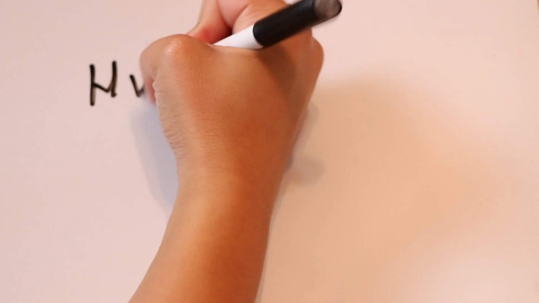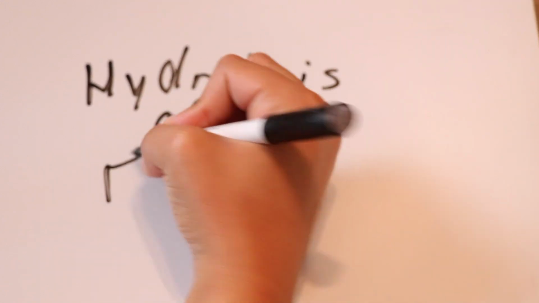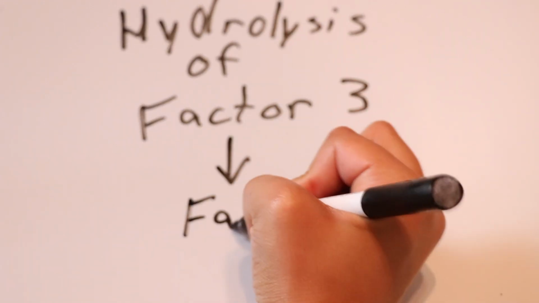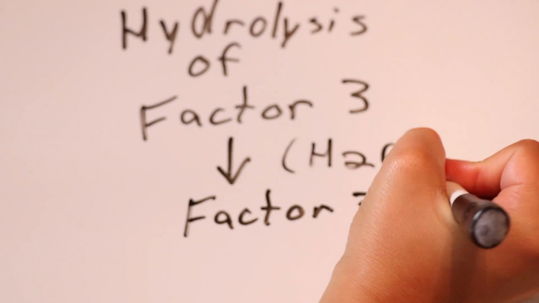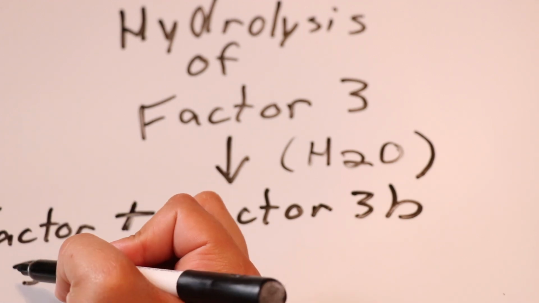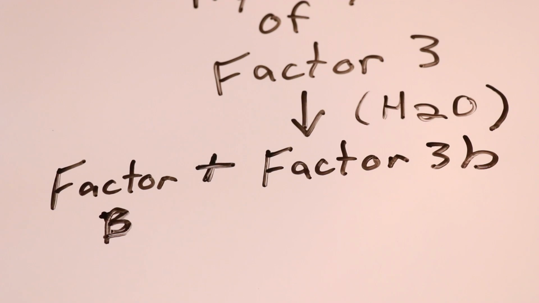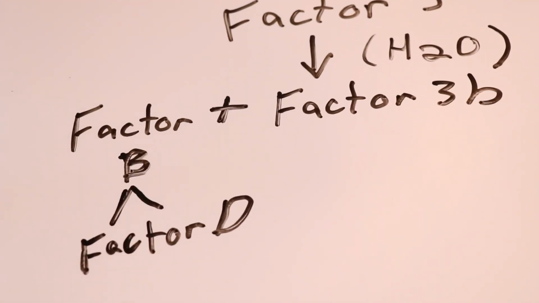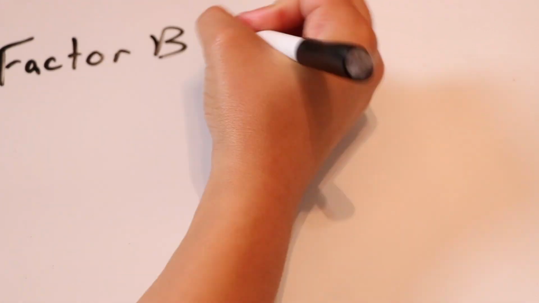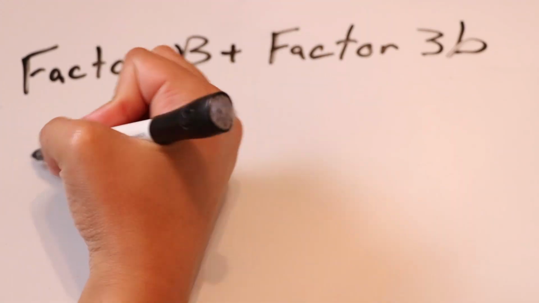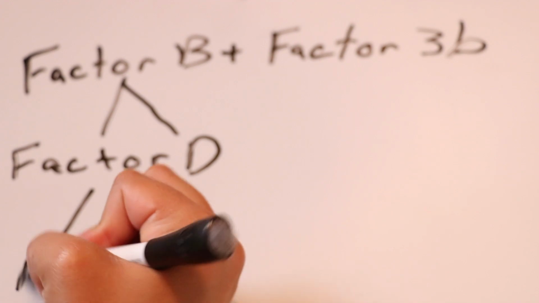It has a hydrolysis of factor C3, with H2O, to factor C3B, which also adds on to factor B, which comes with factor D, which cleaves to Ba, big B and little b.